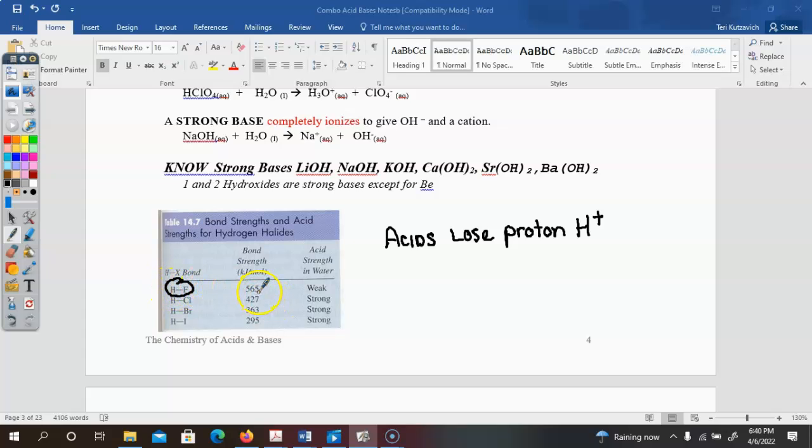No, it's going to take 565 kilojoules of energy. So it is more difficult to lose that H. That's why it is a weak acid. It does not lose its proton easily. These other ones, they lose that proton easily, so they're strong acids. Substances that lose the proton easily are strong acids.